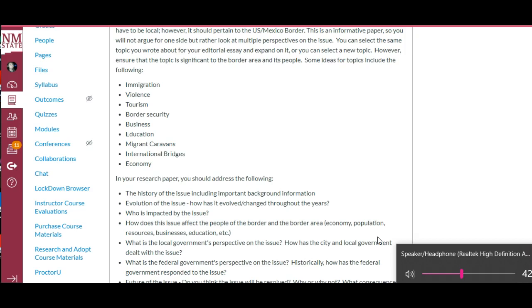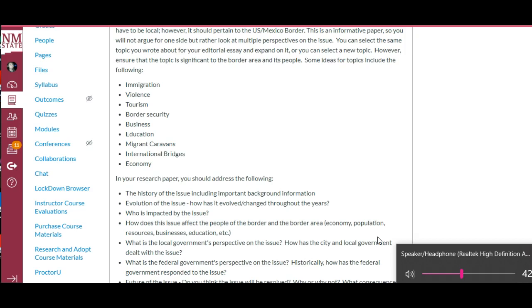It's still one of the safest cities in the country. So just because we are a fairly safe city does not mean that you cannot address violence in other border cities like Brownsville or Tijuana or anything like that. So I do want you to keep in mind that it doesn't have to be based in El Paso. It can be based in other border cities as long as it's a topic that affects the US-Mexico border.